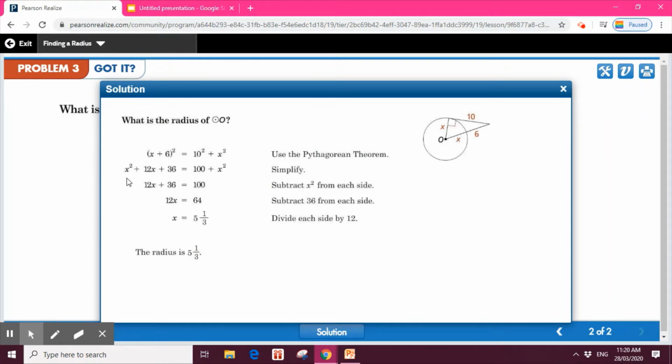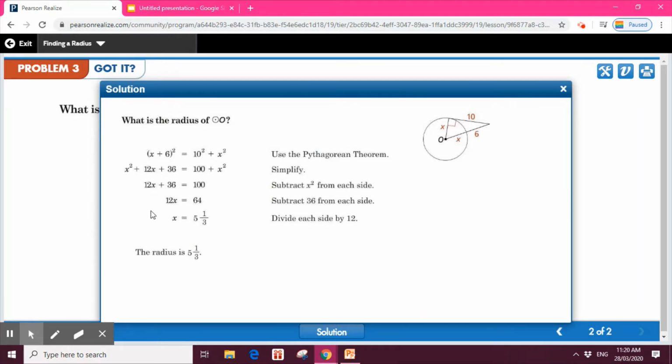So that's why we have x squared plus 12x plus 36 is equal to, what is 10 raised to 2? That is 100. So we have 100 plus x squared. Next, subtract x squared from each side to isolate 12x. So we have 12x plus 36 equals 100.